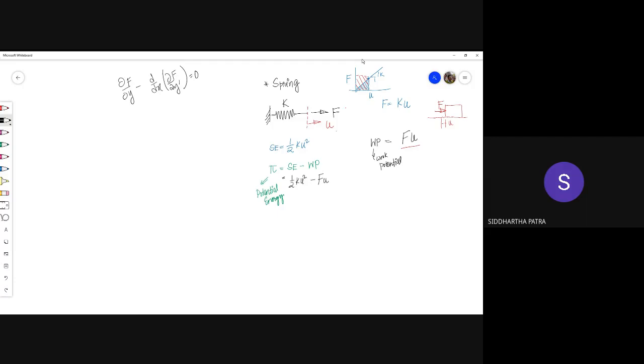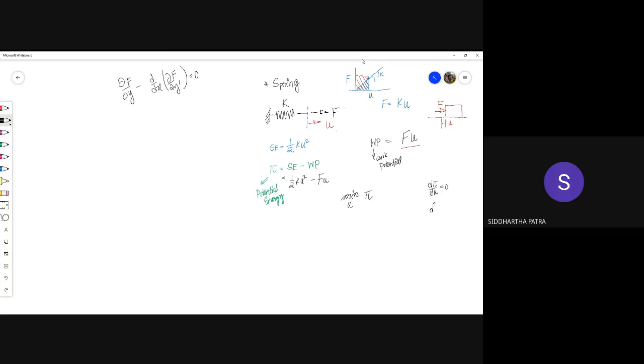So now, what is the significance of this term, this potential energy? We will see. If I would like to minimize this potential energy with respect to u, the displacement of the free end of the spring, then the condition is, actually in this case it would not be a partial derivative, d pi du is 0.